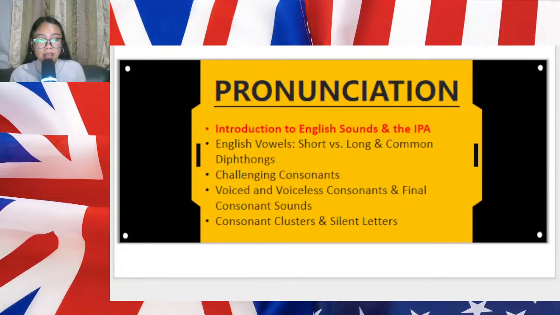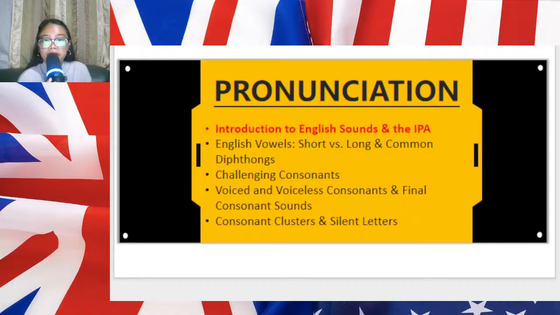How many sounds are there in the English language? How many sounds did we mention last time? Yes, there are 44 sounds that we mentioned last time. These 44 sounds are the different distinct sounds that all 26 English alphabet letters make. Again, how many are the vowels? There are 19.